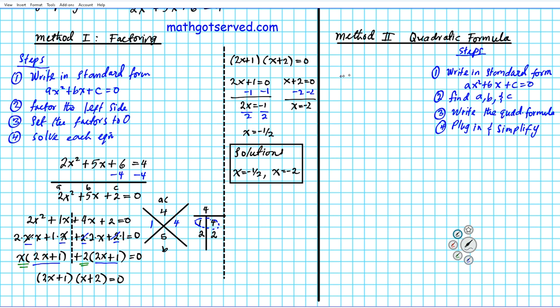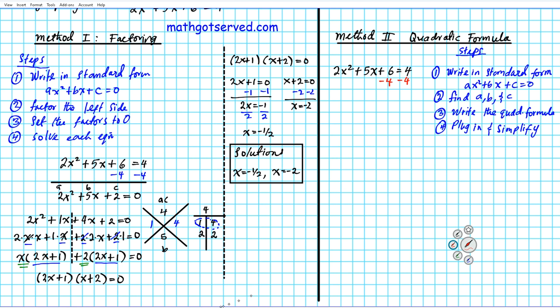So we're dealing with the same quadratic, which is 2x squared plus 5x plus 6 equals 4. To put it in standard form, like we did before, we'll subtract 4 from both sides of the equation.